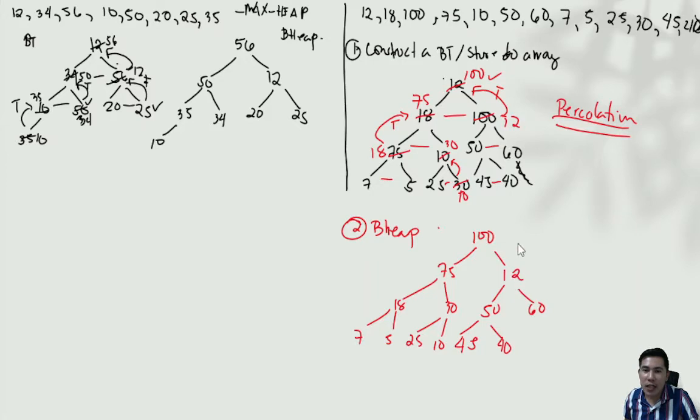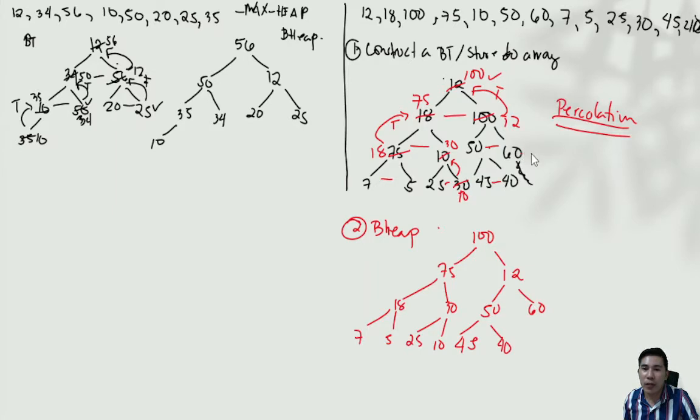Okay, since we have a node that is not in order, I just forgot this one, no? So since it's not in order, we go back to what we checked. We have here 12, 50 and 60. So you have 50 and 60, which one is highest? We have 60.